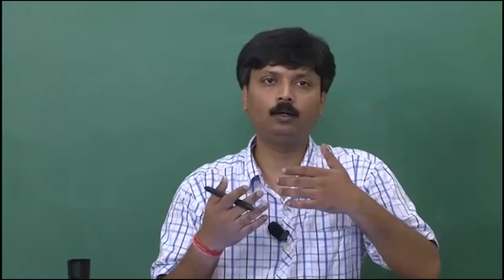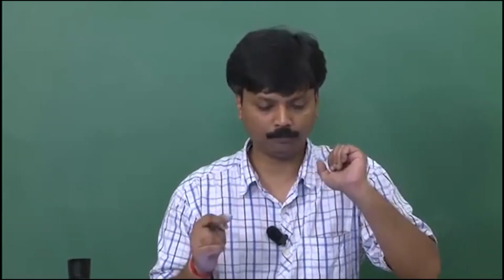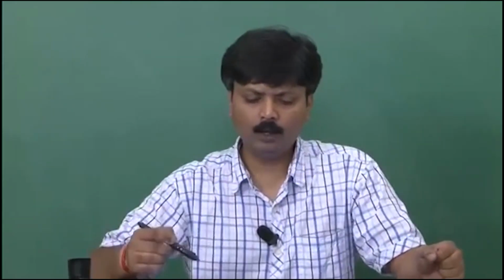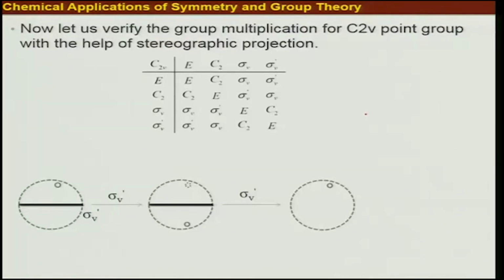That will tell me what the resultant symmetry operation will be. While looking at the group multiplication table also, we have figured that out. Here in front of you, you have the group multiplication table for the C2v point group, and there you can see that all the binary products are written here. Stereographic projection also does the same thing.